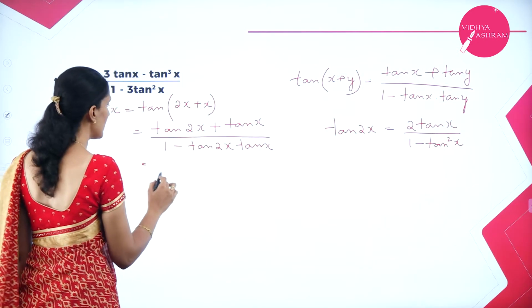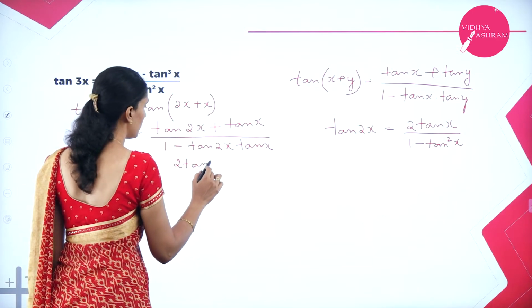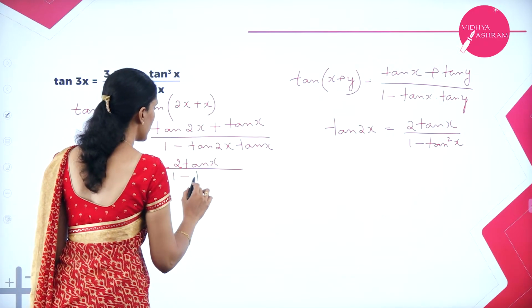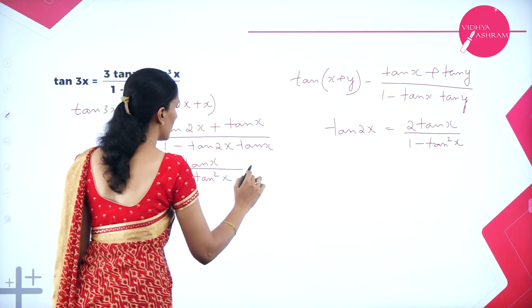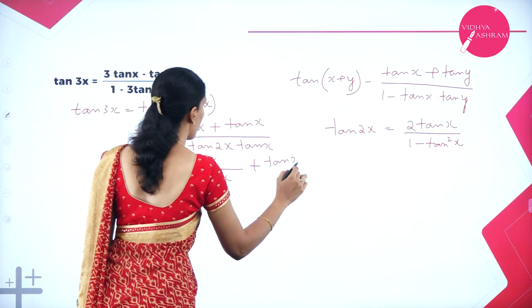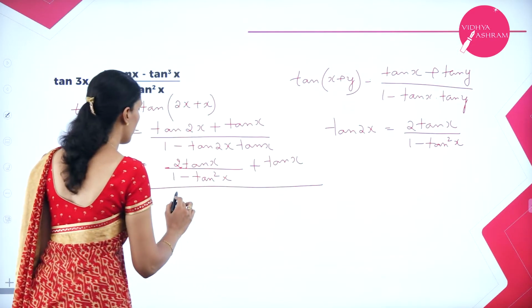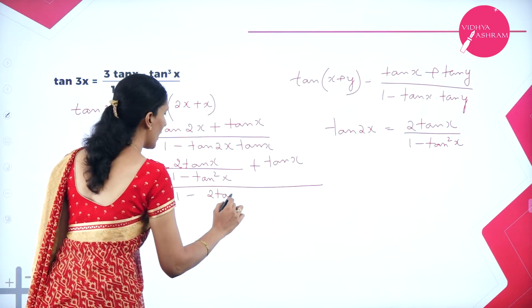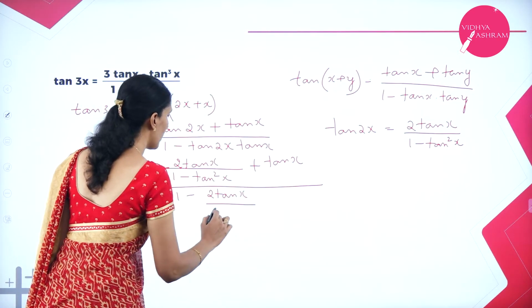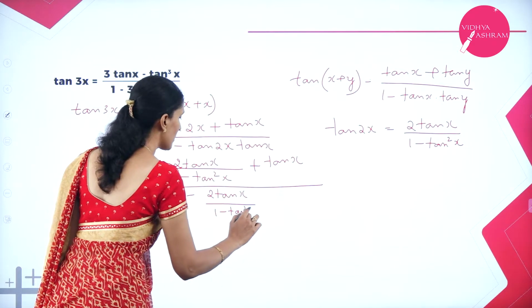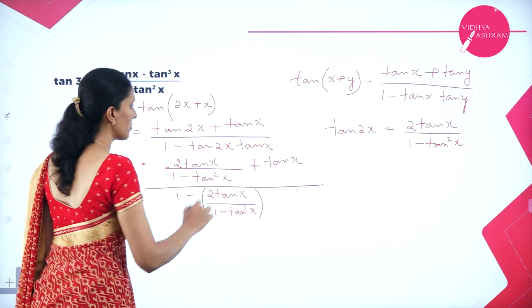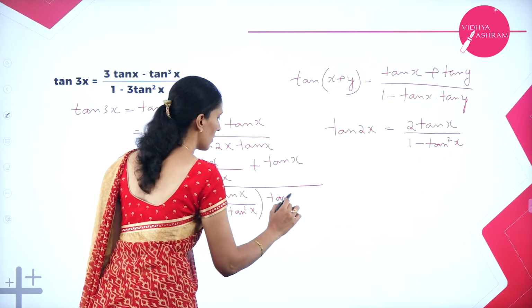So just replace it. 2 tan x divided by 1 minus tan square x, plus tan x, whole divided by 1 minus 2 tan x divided by 1 minus tan square x. Write it in a bracket because this is a multiplication.